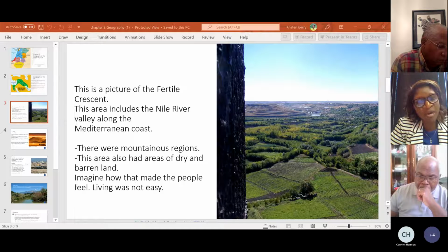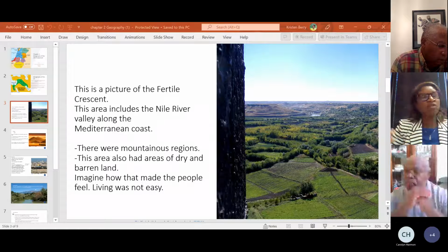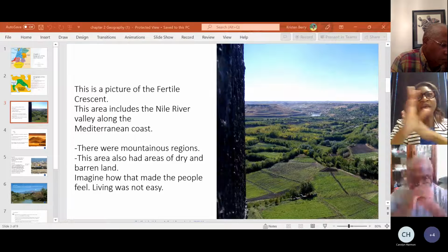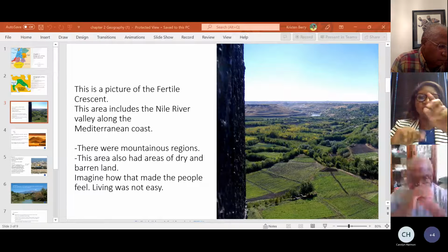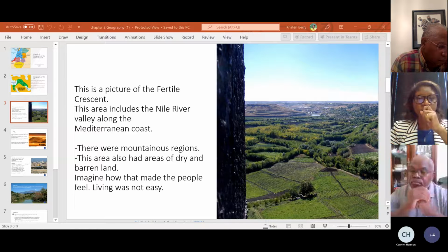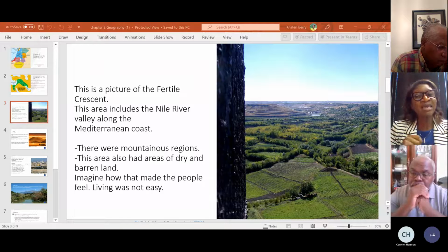Palestine is located in the middle of Africa and Asia. It's almost like in Atlanta, where we have interchanges of highways and one connects to another. So things are going to be happening in the middle.